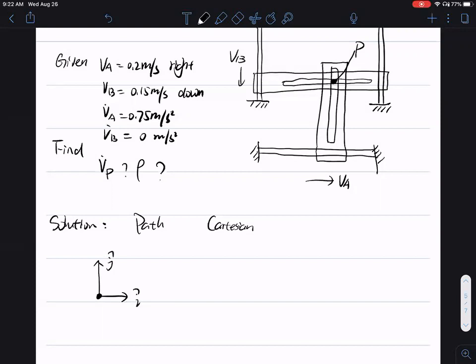If B is moving that way, A is moving that way, can you imagine where particle P is moving? It's kind of moving in that direction, somewhere over there, but we don't know exactly the angle. But we know particle P is moving towards the lower right corner.